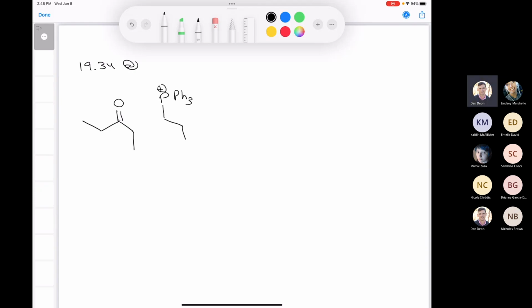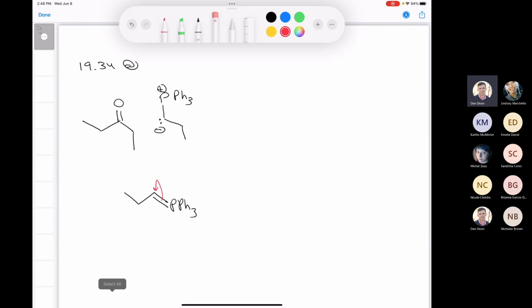We have 1, 2, like that. Okay, so this is my ylid. This is the exact same thing. What I have here in this black circle is the same thing as this. I just took this bond and moved these electrons up here, and I'm putting it in an orientation that's easy for me to draw the mechanism.